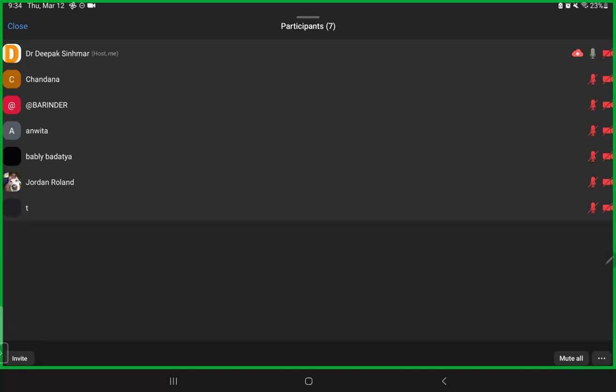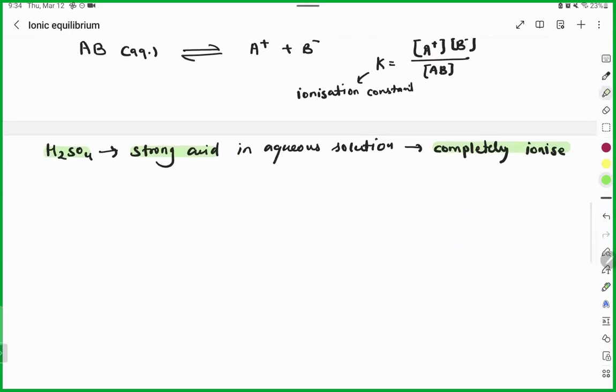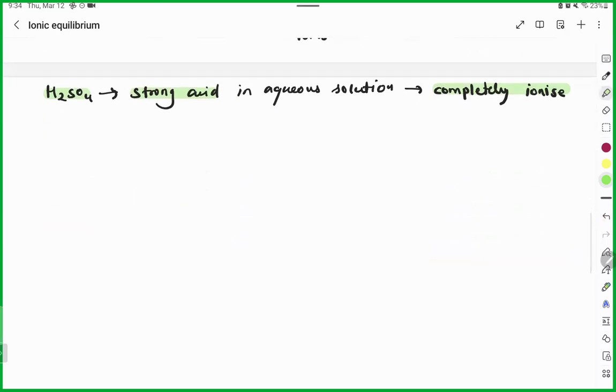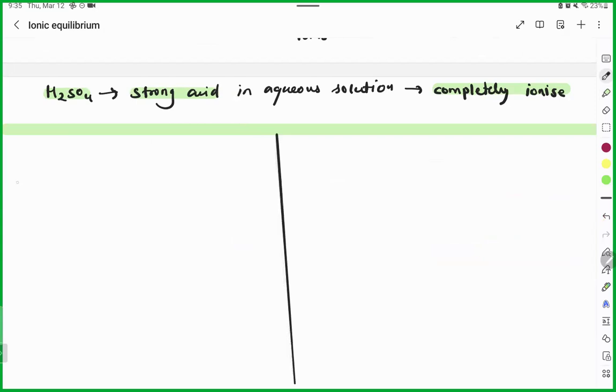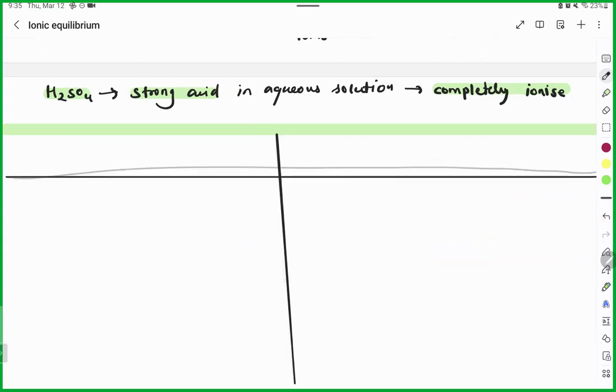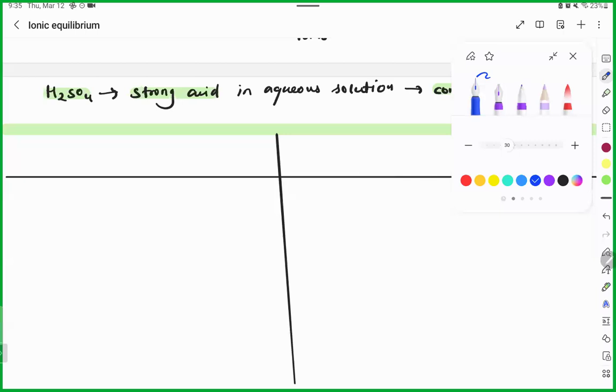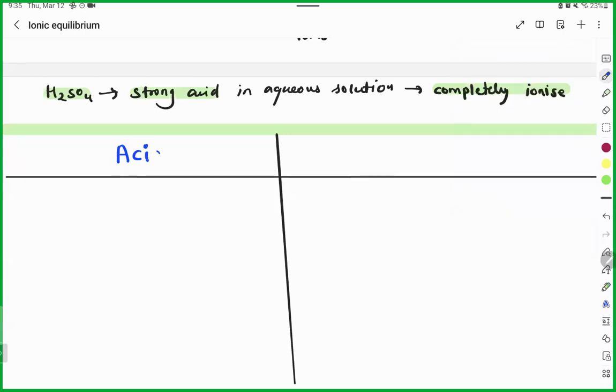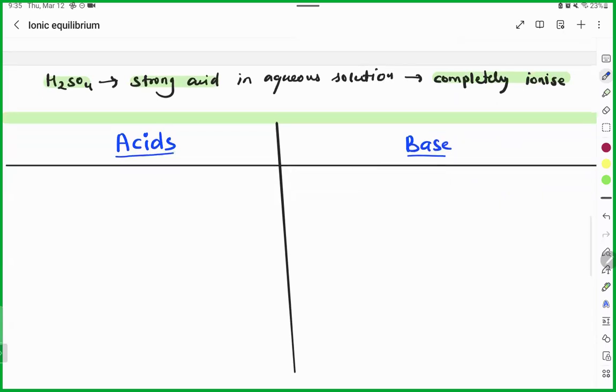So, if you don't have any doubt, before going to the Ostwald dilution law, which is very popular, we will simply compare all the acids and bases in different ways.